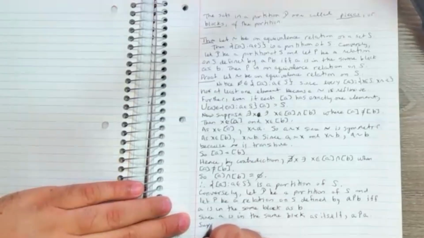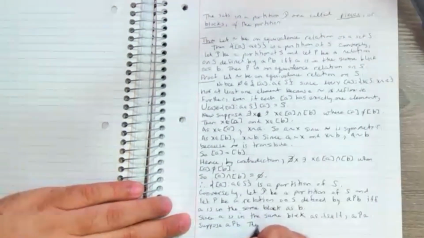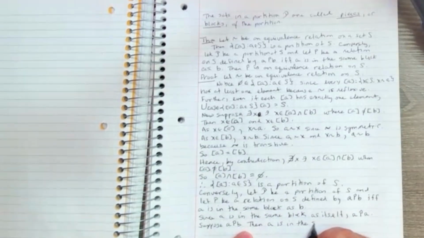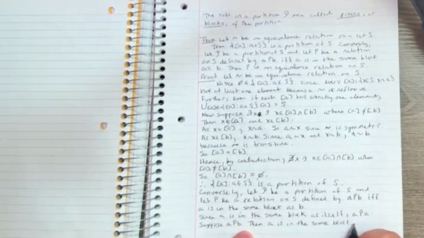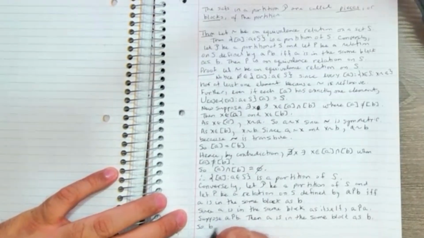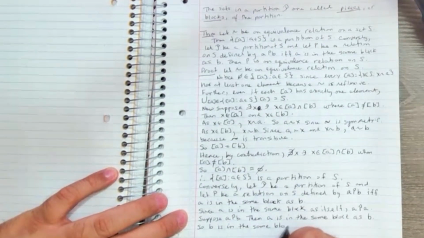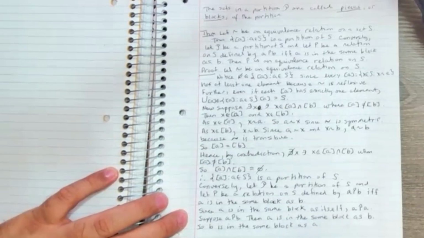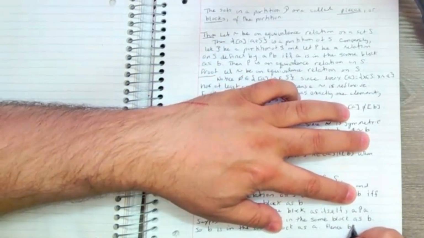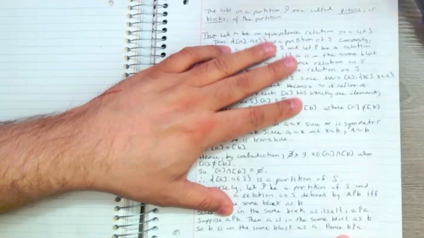So now suppose that A is related to B, then A is in the same block as the element B, and so B is in the same block as the element A, and hence B is related to A, and so the relation is symmetric.